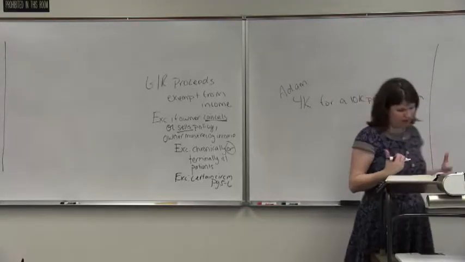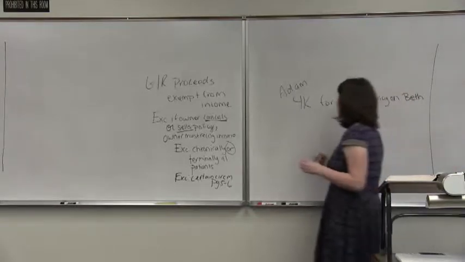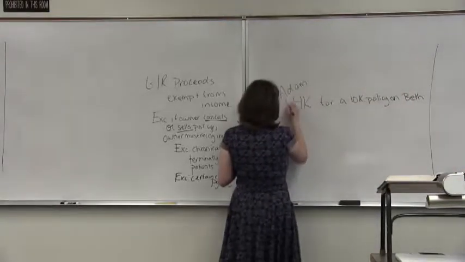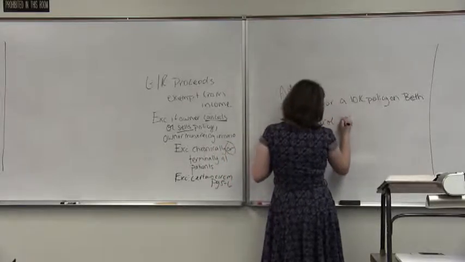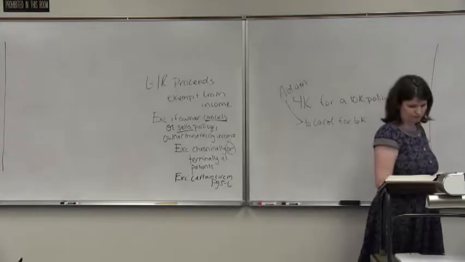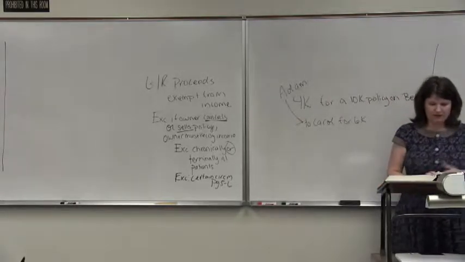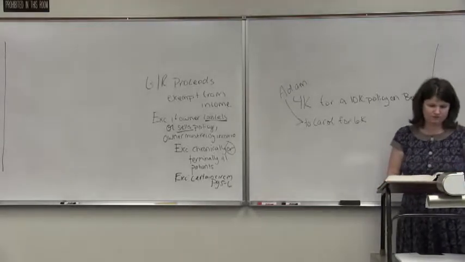So we're covering Beth's life. Then he transfers the policy to Carol for $6,000. And then Beth dies and Carol receives $10,000.